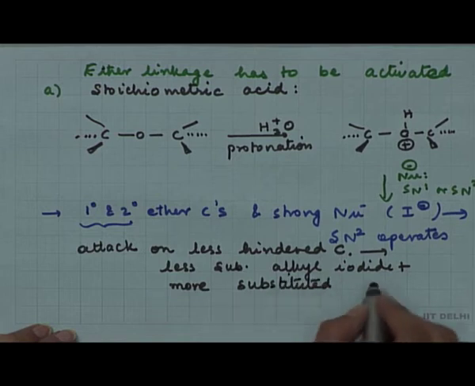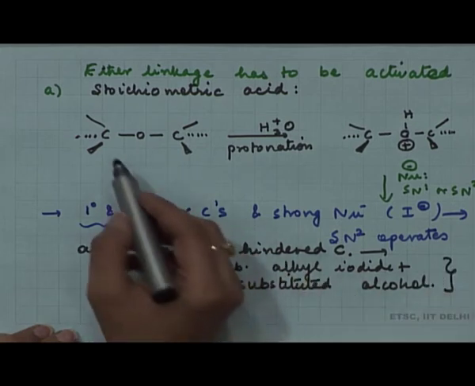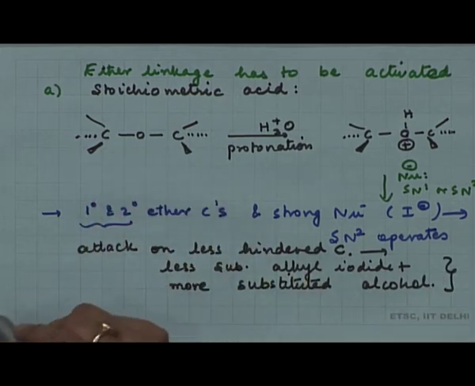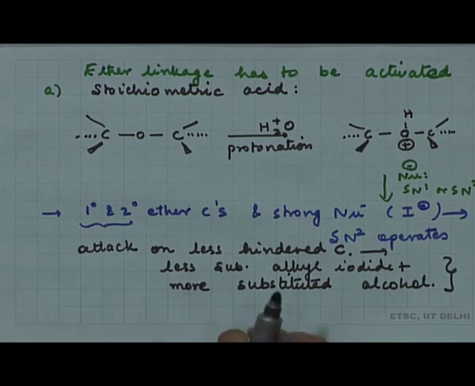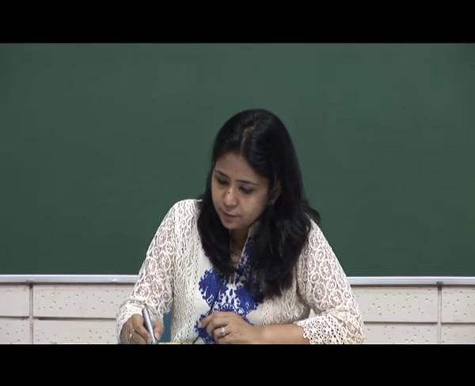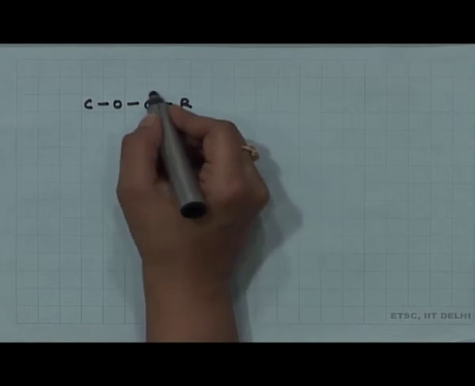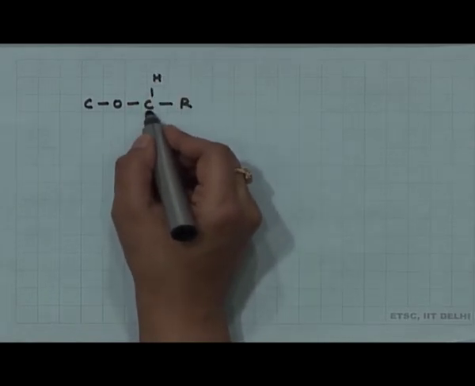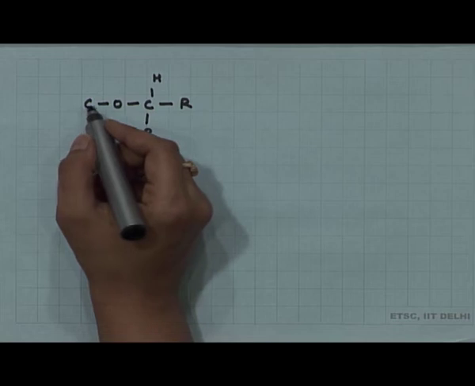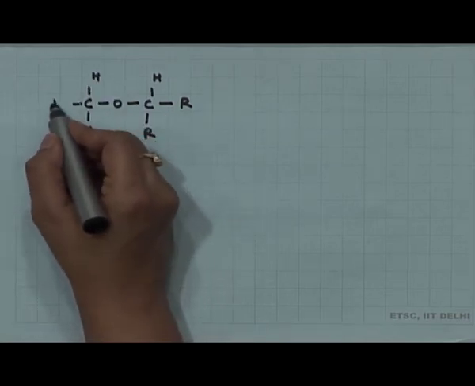This is what is going to happen primarily: these are the major products if your ether is carrying 1 degree and 2 degree alkyl groups. Just to represent it, you have your C-O-C linkage, on one side a 2 degree alkyl group, on the other side a 1 degree alkyl group.